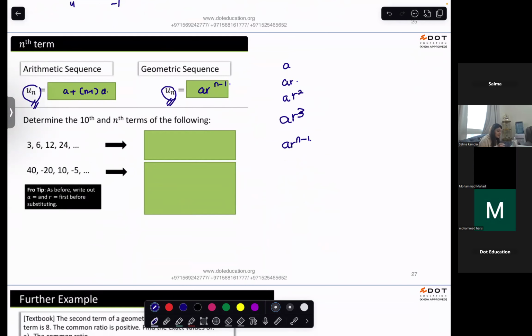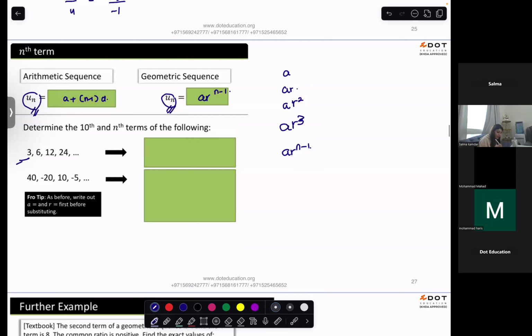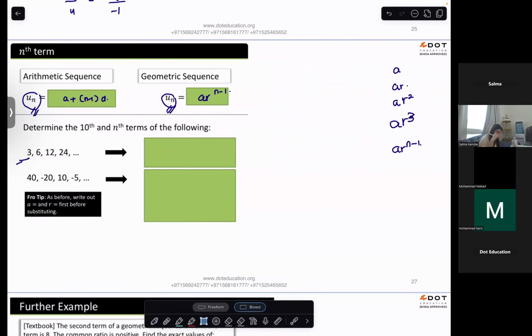So if I do the 10th term, what is my rule number 1? I need to clearly state my A, my common ratio, and n. So I have to first clearly state my A, my common ratio, and N. So this is a tip.